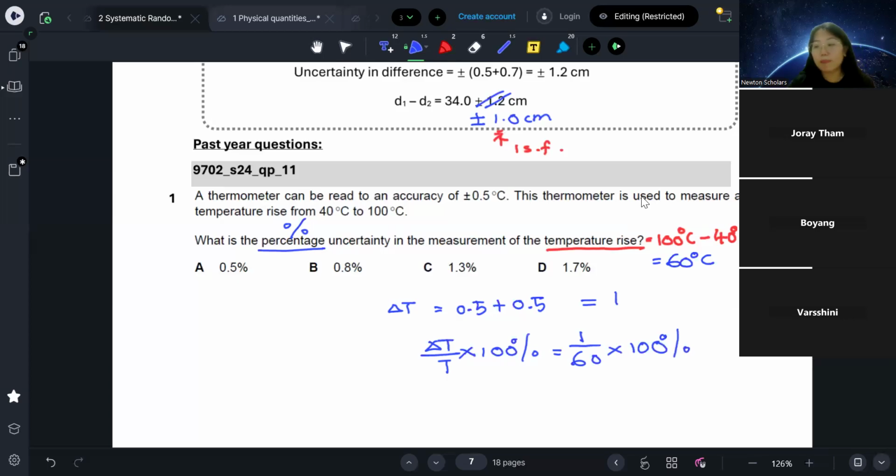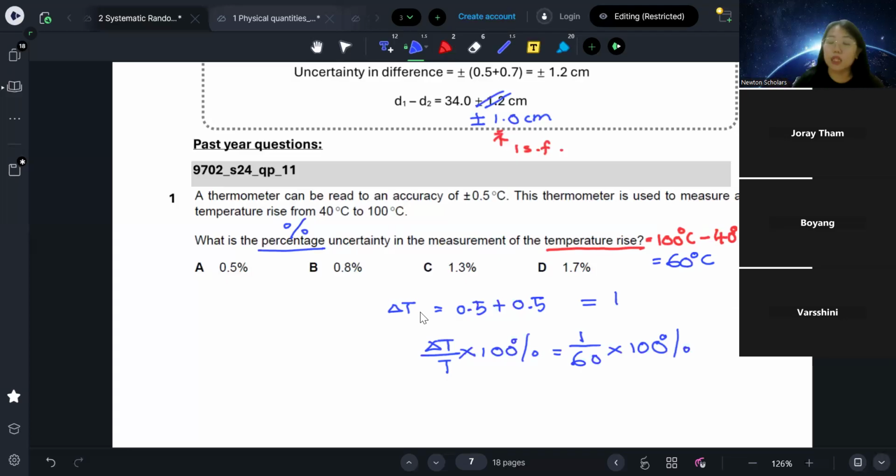Can you get my point? Here, we find the actual T. What we want is the temperature rise, which is 60 degrees Celsius. Then we find the absolute uncertainty, which is just added up together.